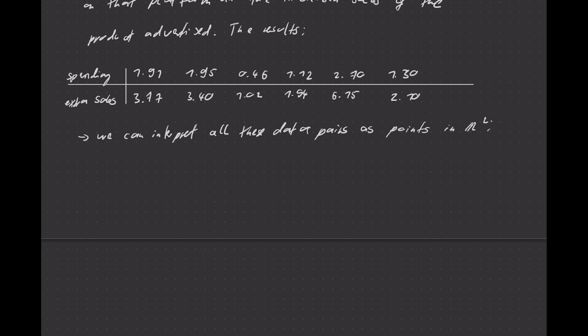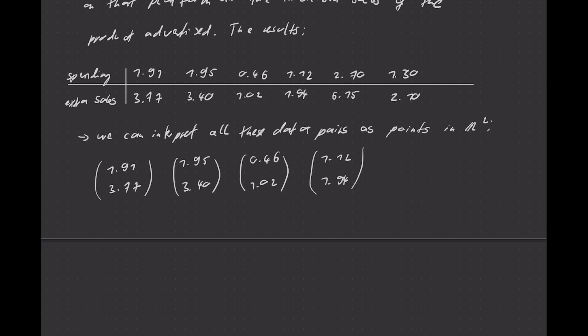So what we get is (1.91, 3.77). That's a vector. (1.95, 3.4). That's a vector. (0.46, 1.02), (1.12, 1.94), (2.7, 6.15), and (1.3, 2.1). But now we have 6 vectors. Well, we didn't win a lot yet.